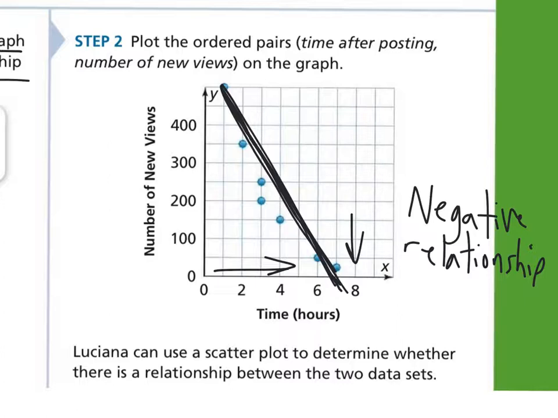Relationship, association, okay, those words get used interchangeably. Some books say relationship, some say association, so if I say it the opposite of how the book has it, just understand both of those get used and mean the same thing. Okay, so what that means for us is that negative relationship means the longer it's been since the post, the less views that it's going to get, and that kind of makes sense.